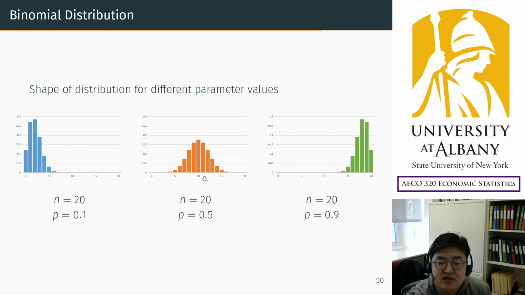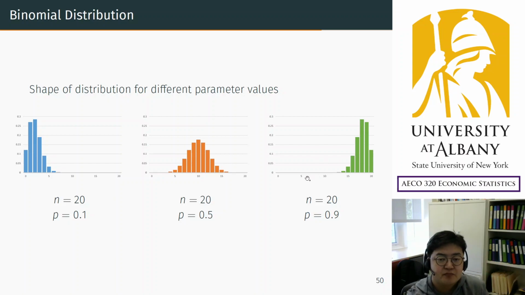And when it is 50%, of course, it is centered and symmetric. The number of successes and the number of failures must be symmetric, so it is around 10 with symmetry. And when the probability of success increases to 90%, the most probable values are around 19, 18, 17, right? So the number of successes is distributed on the larger side, which is natural. So by changing the parameter, the shape of the distribution changes, according to the formula.